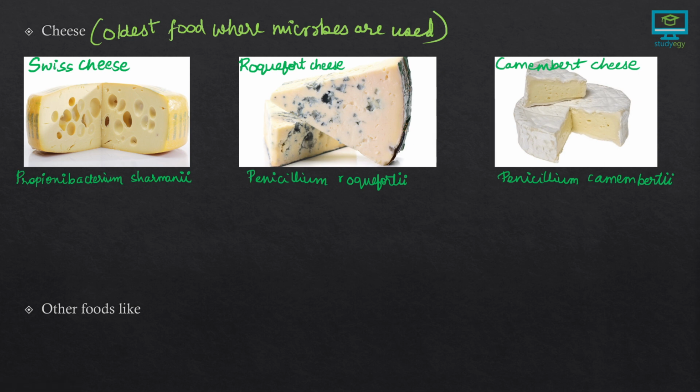For example, if we use the bacteria Propionibacterium shermani, we get Swiss cheese. If we use Penicillium roqueforti, we get Roquefort cheese. Similarly, we use different microbes to get different types of cheese with different taste and texture. The taste and texture differ depending on the microbes we use.